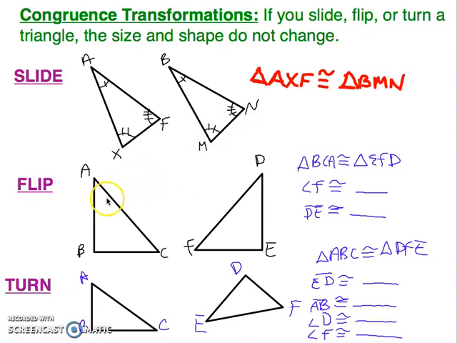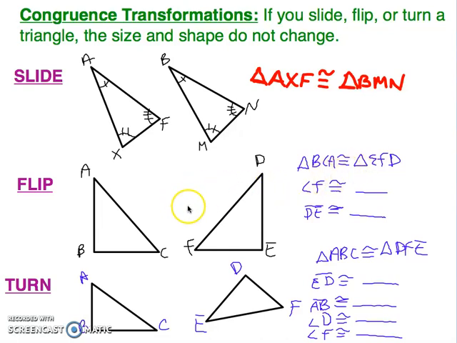This one down here, it kind of works backwards. I give you a congruency statement, and the pictures don't have any marks in them, but you can still tell their corresponding parts in the way in which the letters are ordered. For example, B is listed first in this triangle, and E is listed first in this triangle, which means angle B and angle E have to be congruent.